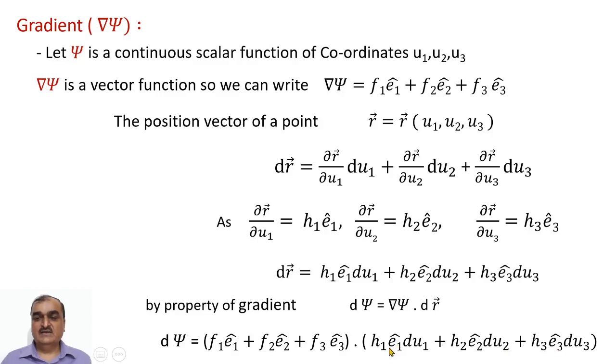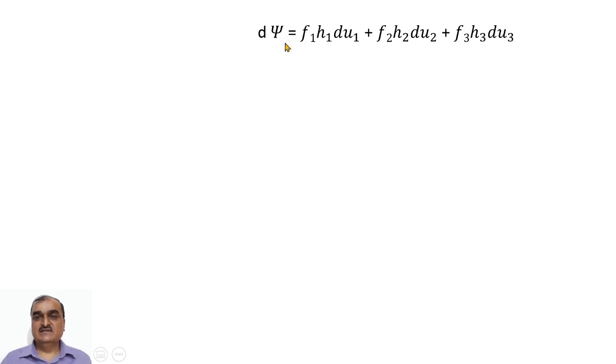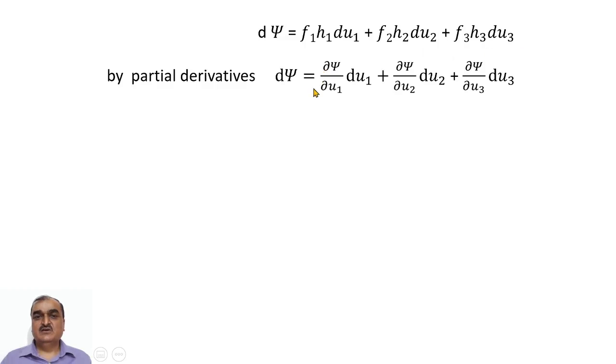Therefore, out of 9 terms, 6 terms are 0, and we get only f1 h1 du1, f2 h2 du2, and the third term is f3 h3 du3. That is, d psi is equal to f1 h1 du1 plus f2 h2 du2 plus f3 h3 du3.